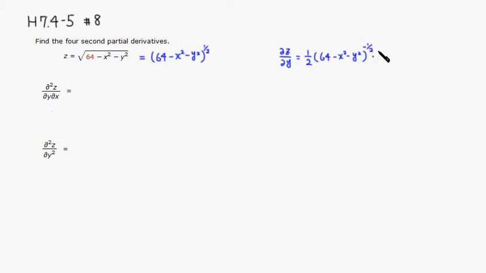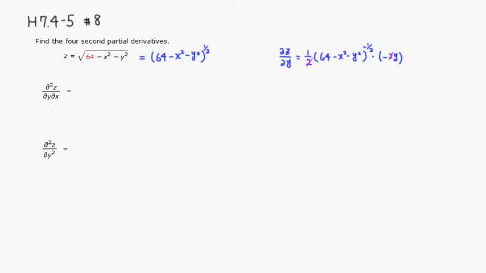Multiply by derivative of inside. So in this case, derivative of 64 is 0, and negative x squared is 0 because with respect to y, so it's going to be negative 2y.